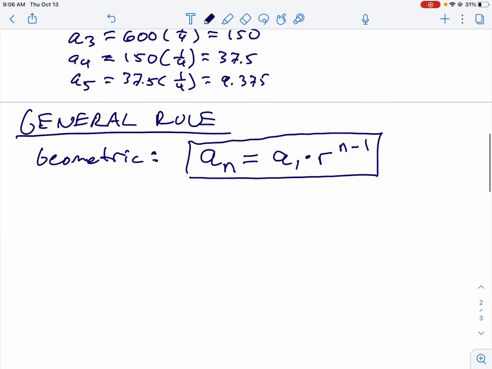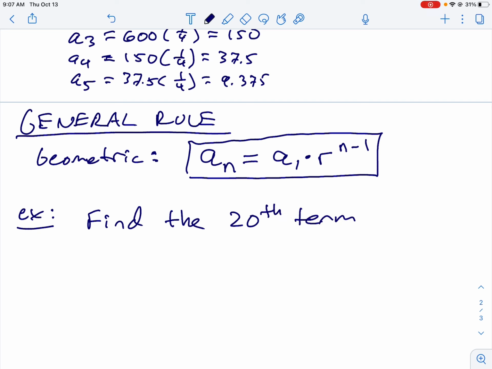And so here's how you would use this, for example. Okay. Let's say I want to find the 20th term of a geometric sequence. I'll just give you the sequence.